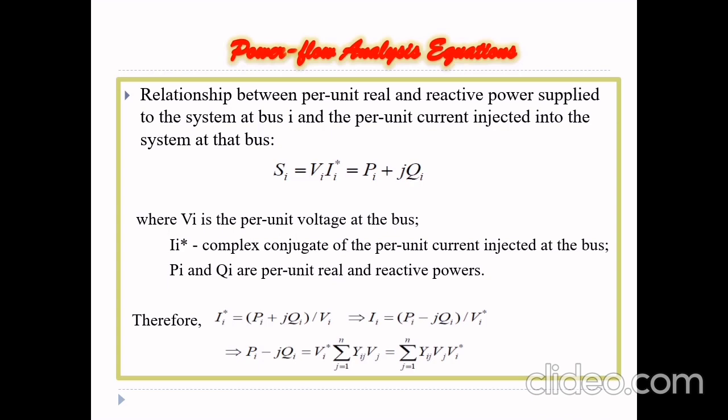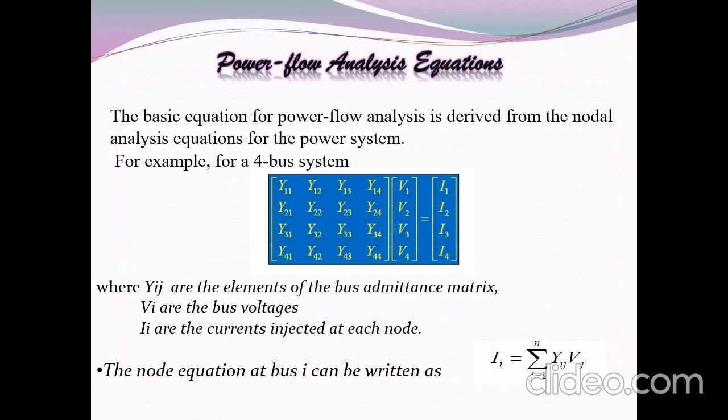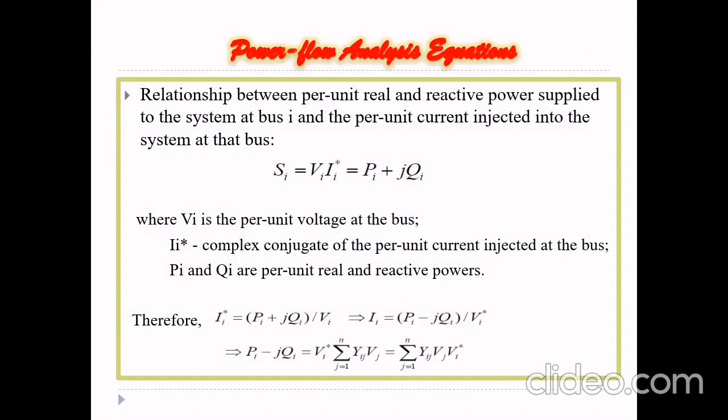That Vi conjugate times Ii, sigma j equal to 1 to n, is ultimately Yij Vj Vi conjugate. Okay, that is Ii substituted. Ii, you can see, is sigma Yij Vj. If you substitute that, you will get Pi minus jQi is Vi conjugate Ii, that is sigma Yij Vj Vi conjugate.